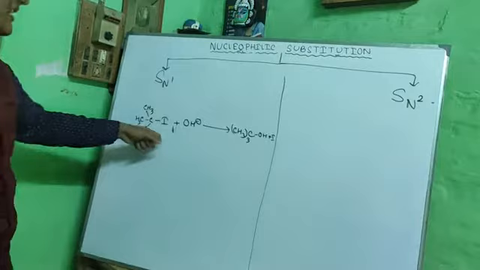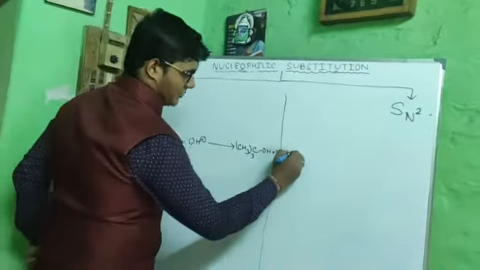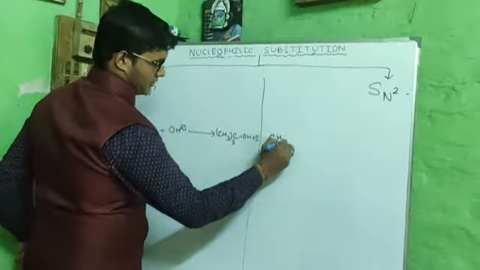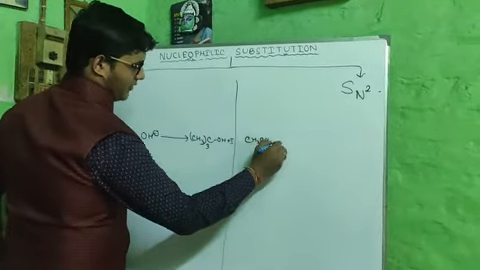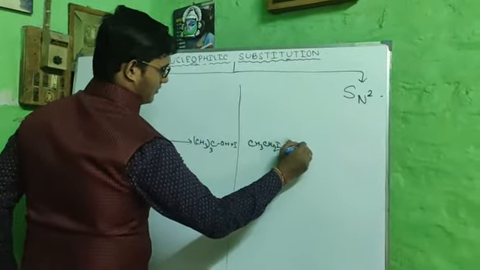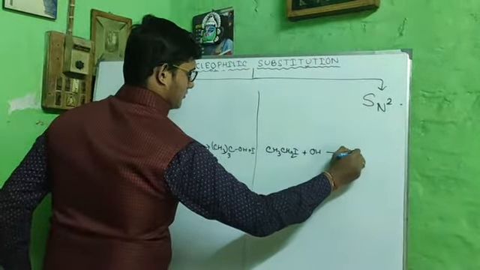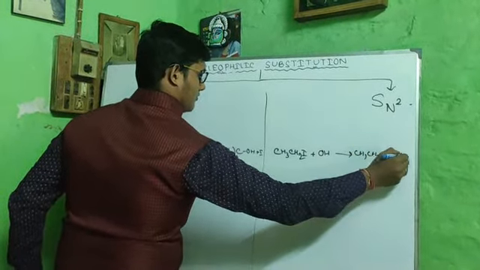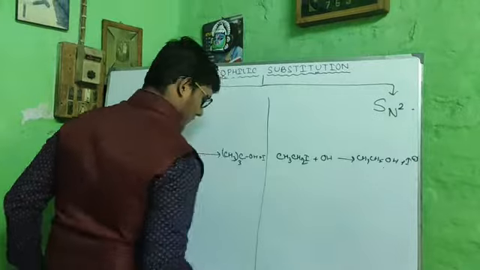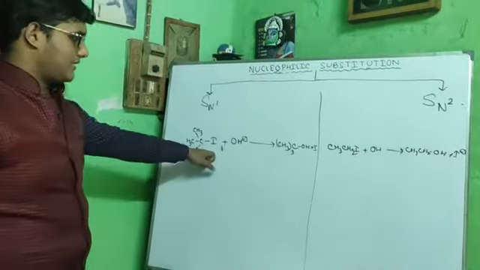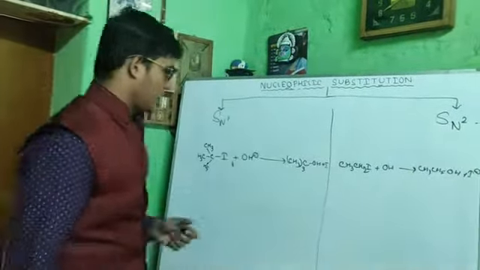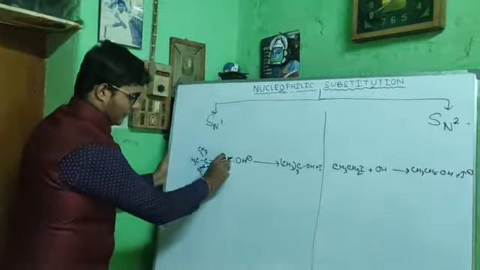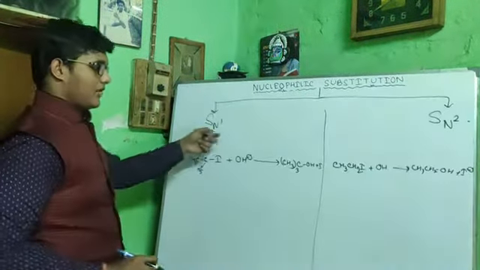This is an SN1 mechanism, and this type of mechanism will be found in this compound. So this is SN1 and this is SN2. Next we will find out the mechanism of the SN1 and SN2.